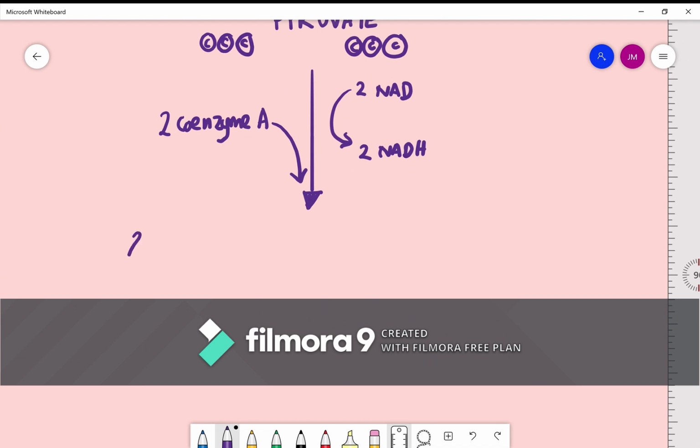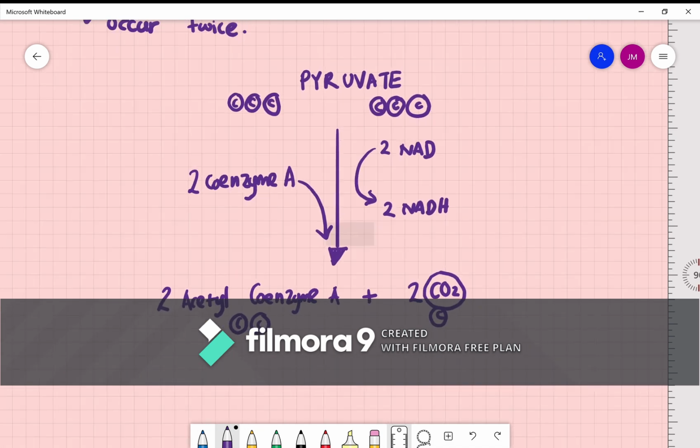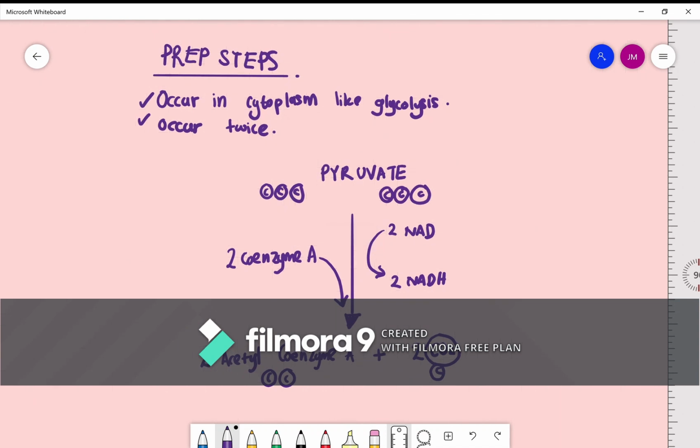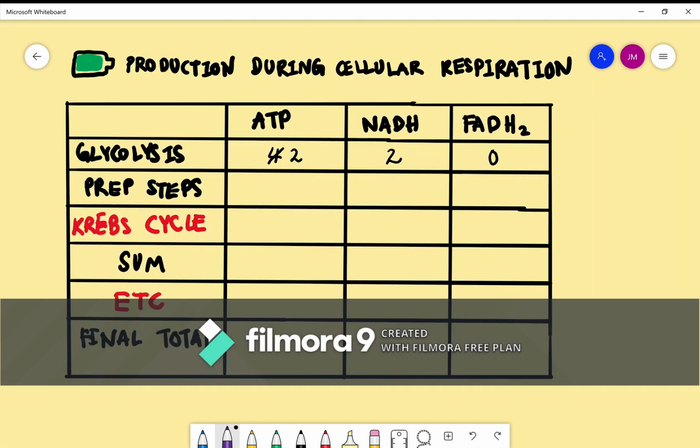The coenzyme A ion then attaches to the positive charge left on the acetyl ion, forming acetyl-CoA. At the end of the intermediate steps, two acetyl coenzyme A and two carbon dioxide are generated along with the two reloaded molecules of NADH. So here we made 0 ATP, 2 NADH, and 0 FADH2.